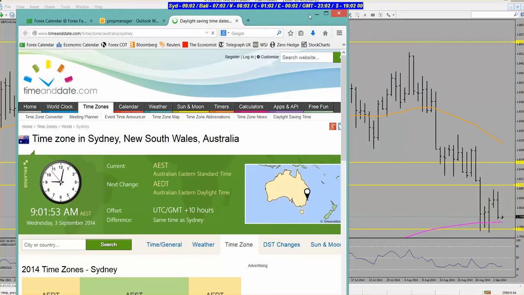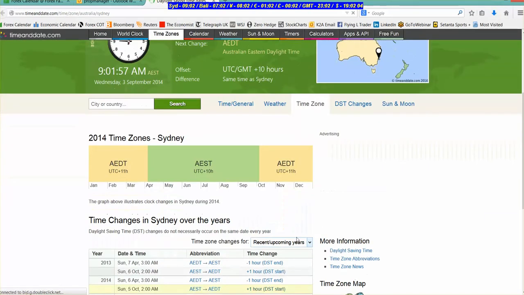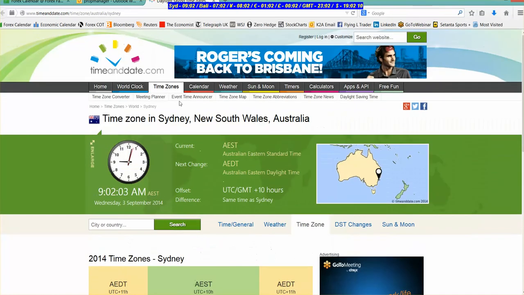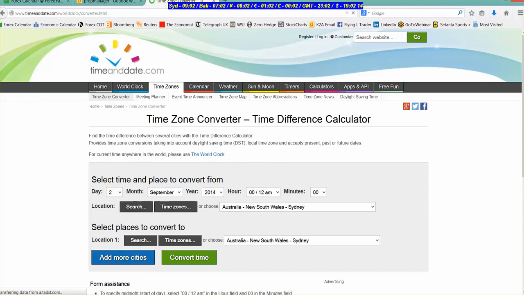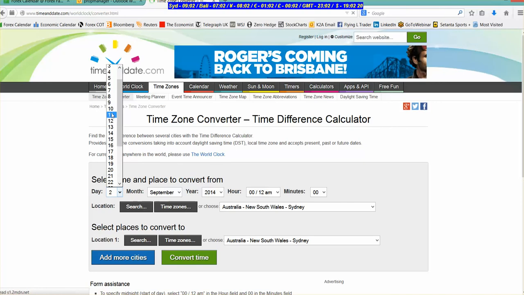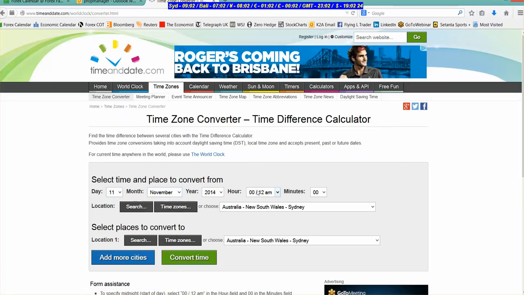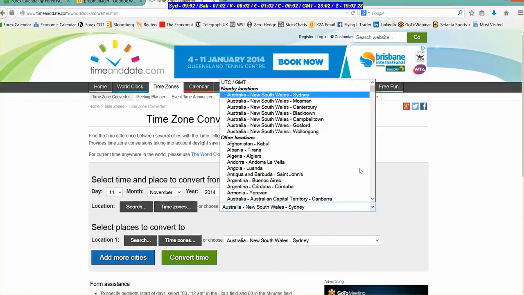So what you're looking at is, so we go on the 6th of October, but time zone converter, as of, what did I say, the 9th of, let's go the 11th of November, 5 p.m. New York.